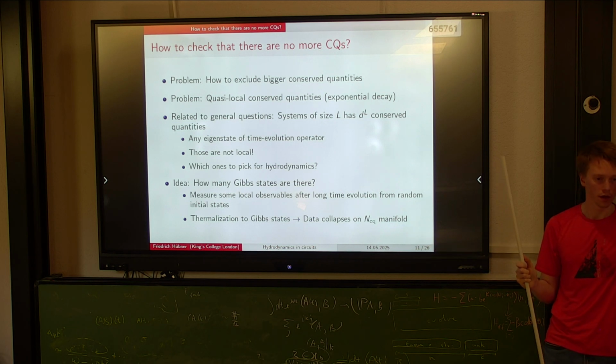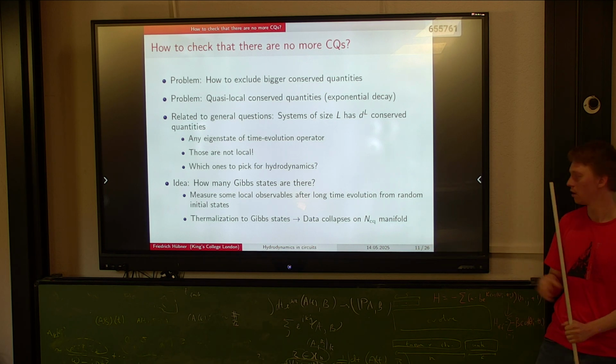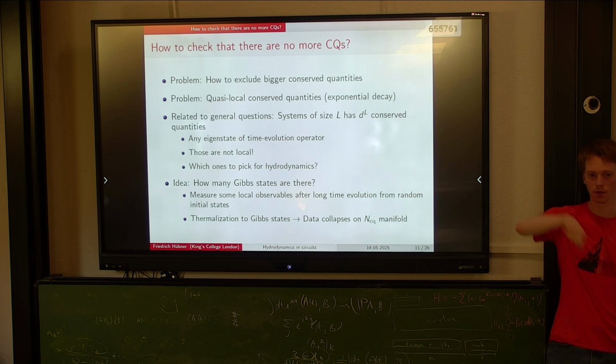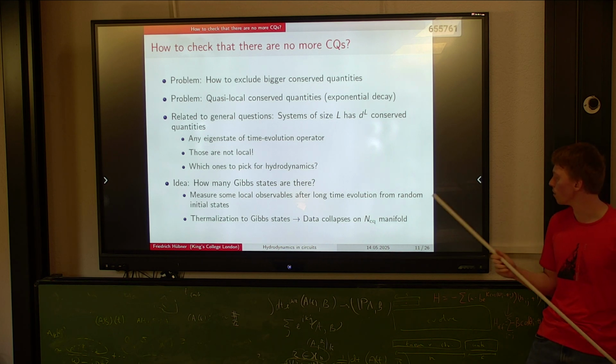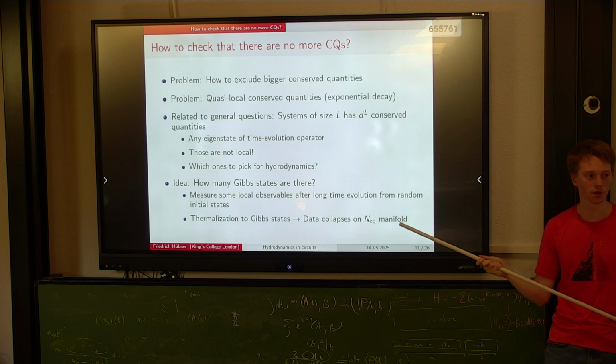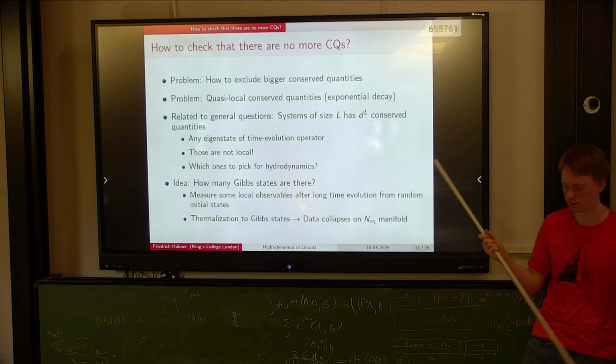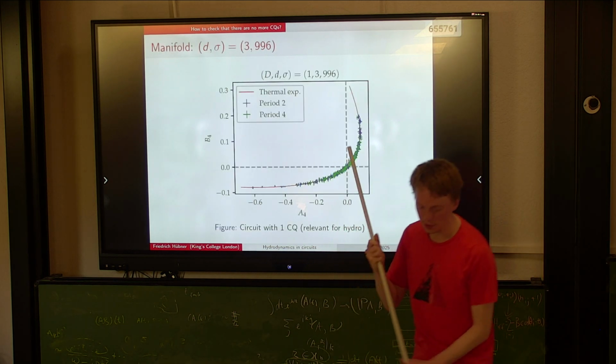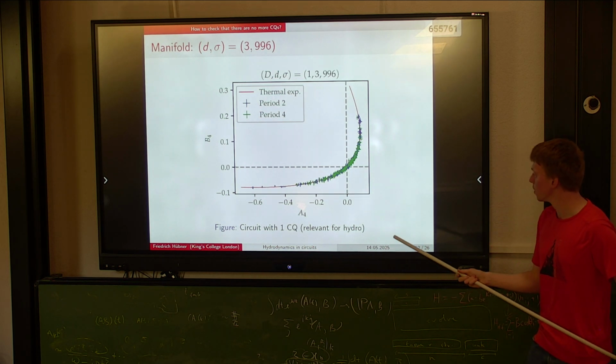So if you have one conserved quantity, they will all fall onto some one-dimensional subspace. If you have two conserved quantities, they will fall onto two dimensions, and so on. And this is something that we can carry out in practice.